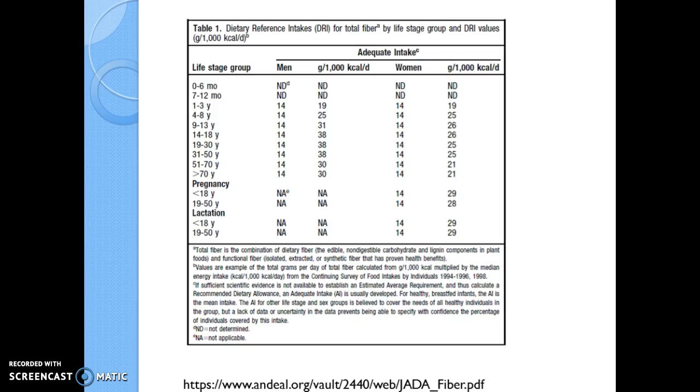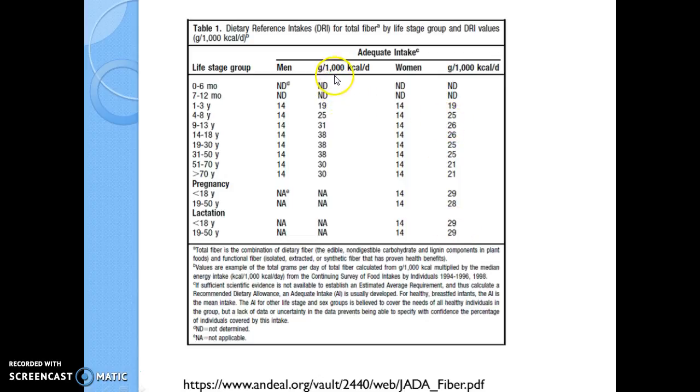This is a great resource. This article you can link on below in the slide set. Takes you to an article about getting adequate fiber in the diet. The most useful column on this is these second two columns where you look at the number of grams per calories per day that are required.